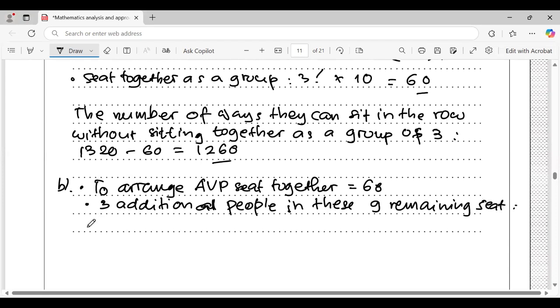Okay. It is the permutation 9, 3. 9 factorial over 9 minus 3 factorial. And if you calculate, the result is 504.